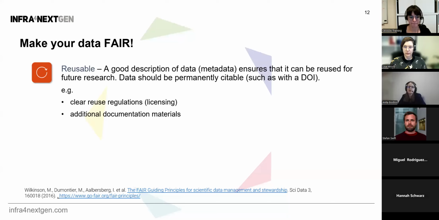And also additional documentation material enhances the reusability of your data so that others can understand your data. And this documentation material also comprises all measures of quality control that you may undertake, because usually quality is one of the main factors when researchers decide whether or not they are going to reuse someone else's data.